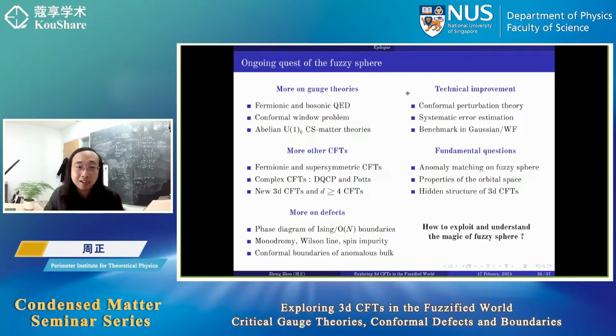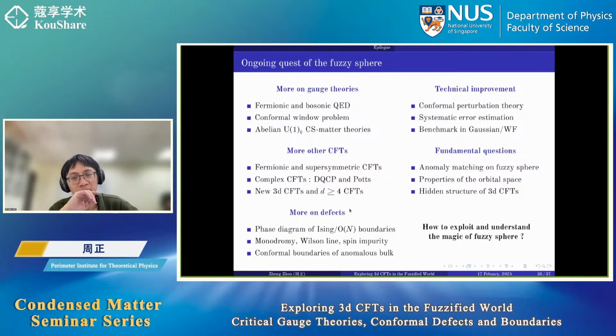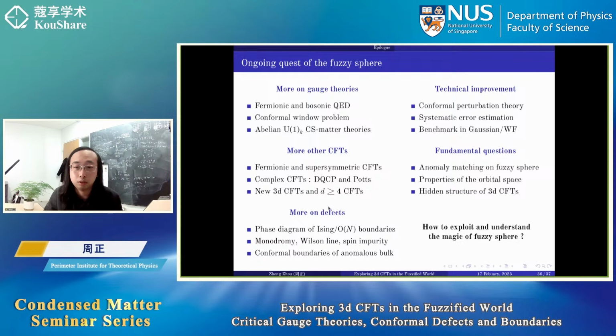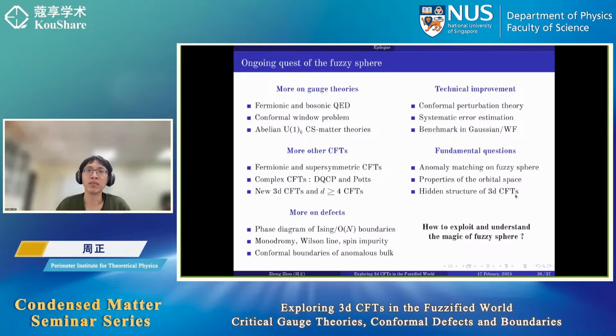From what I understand, the reason why the fuzzy sphere works so well for the 3D CFTs is, first, it preserves the full SO(3) symmetry, which makes the flow from the UV to the IR much shorter, which makes the finite size effect much smaller. The second is the conformal flatness of the manifold, which enables us to make use of the properties of the CFTs on flat space-time, for example, the state-operator correspondence.